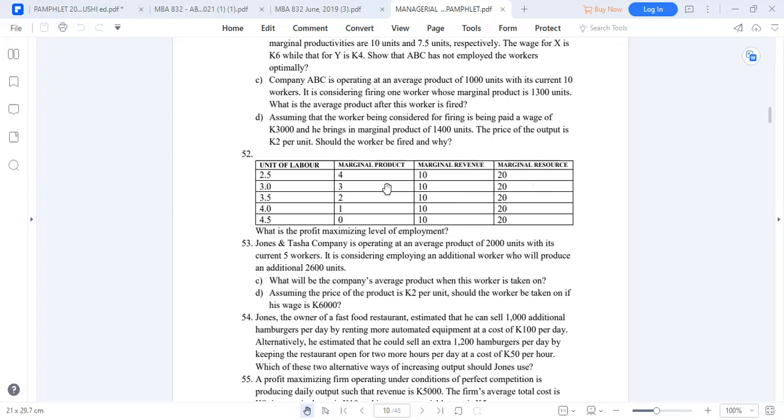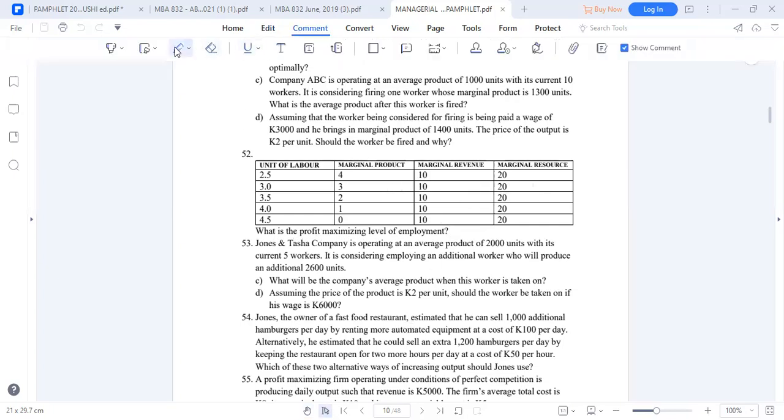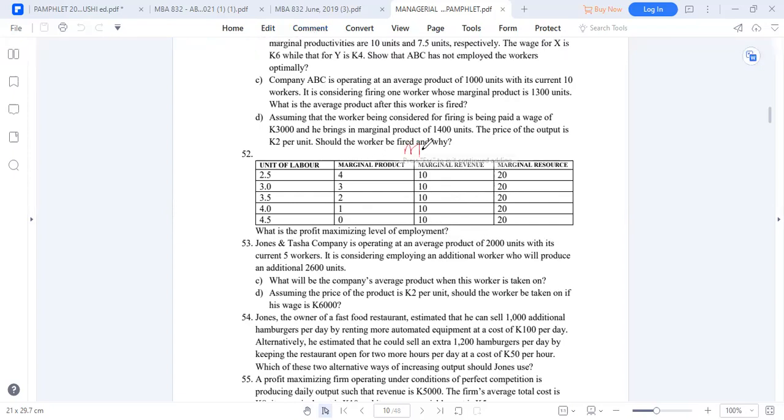So we need to know how many units we need to employ. We know that employability must occur when the marginal revenue product is equal to or greater than marginal resource cost. So we need to come up with another column for the marginal revenue product.